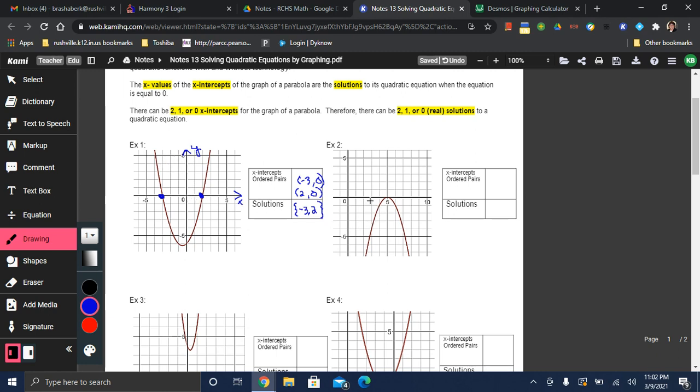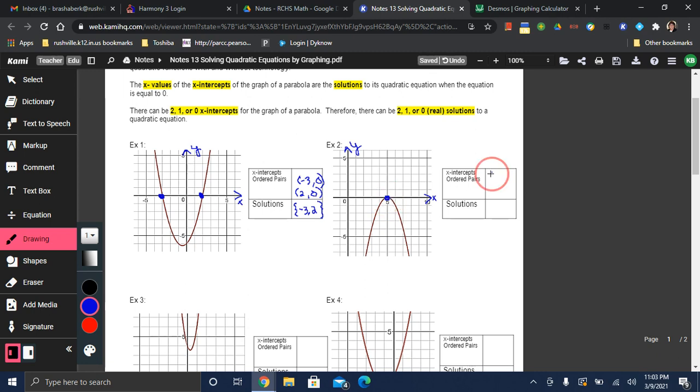On your second example, again, I want you to find the x-axis. So this would be the x-axis, and this would be the y-axis. You have the graph crossing, or actually this time just touching, the x-axis at this ordered pair.